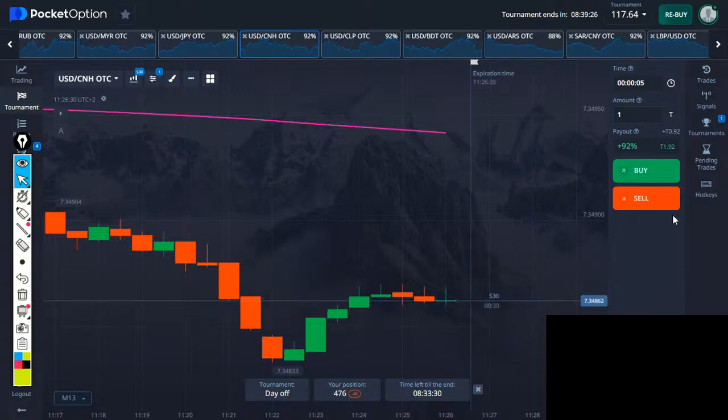Let's see next candle. Beautiful. We have lots of topping tail bars. I need red. Nope. We have a green, so we don't do anything. Let's wait for the next bar to open.